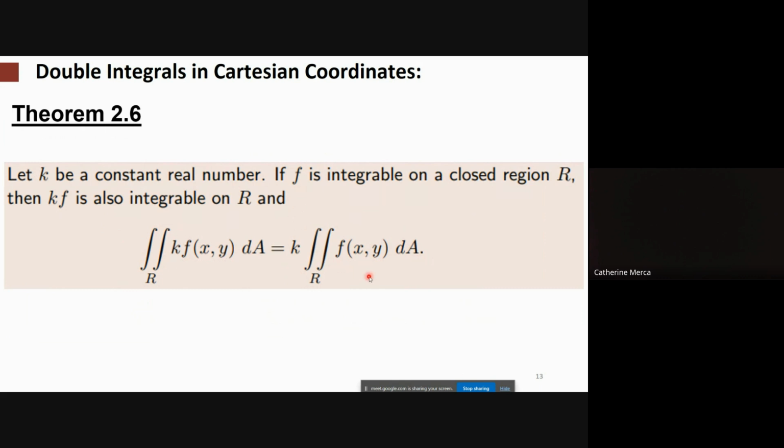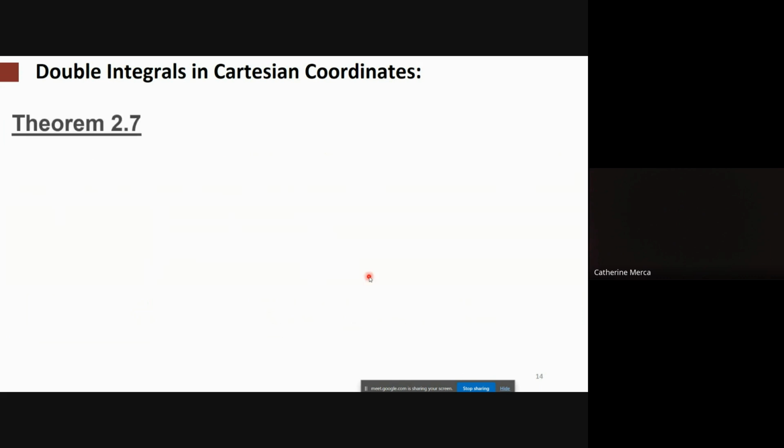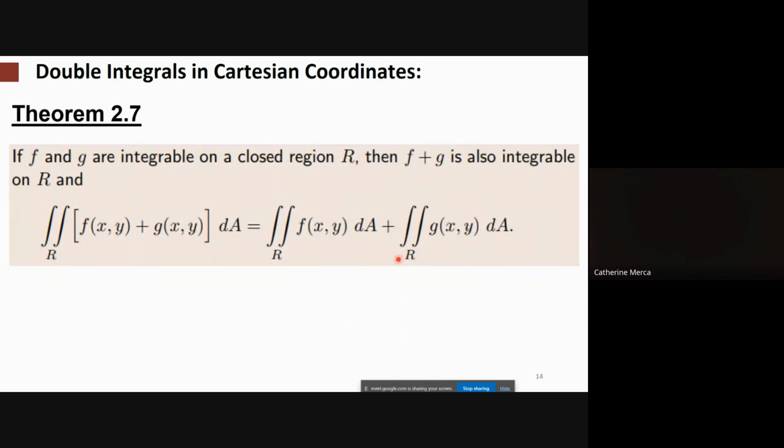Similarly, if you have a sum, then you can take the double integral of a sum dA as the double integral of the first function f of xy dA plus the double integral of the second function g of xy dA. So you can distribute the double integral sign.